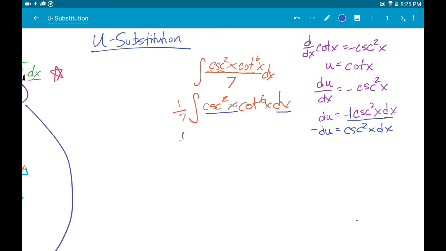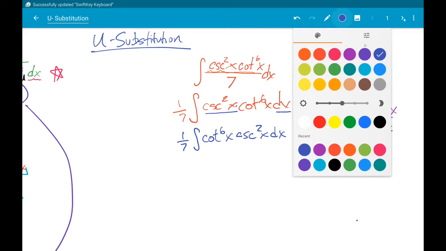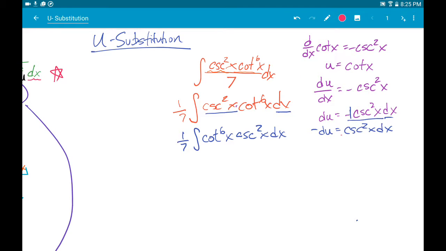Just so it's absolutely clear, let me rewrite this one extra time and show you that I can write this as cotangent to the sixth, cosecant squared x dx. And now I'm ready to exchange this with a negative du, and my u, where'd my u go?